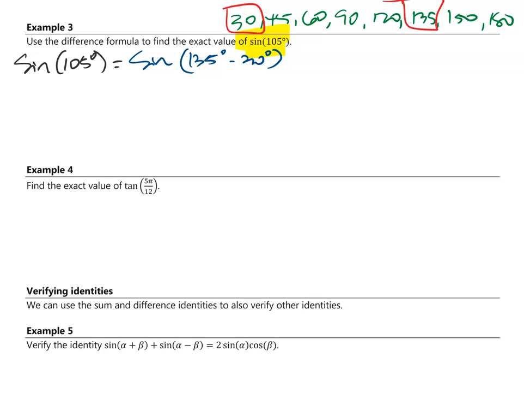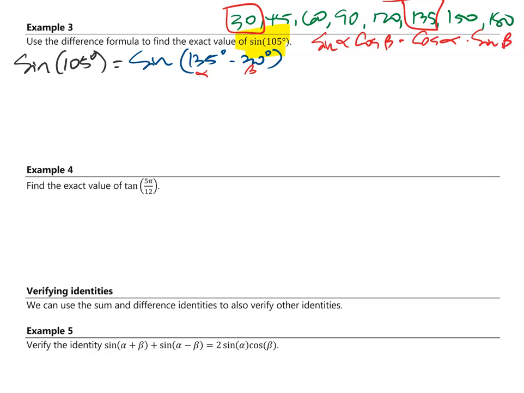Okay, and just to recall, that is sine alpha cosine beta minus cosine alpha times sine beta. So this is your alpha, this is your beta.